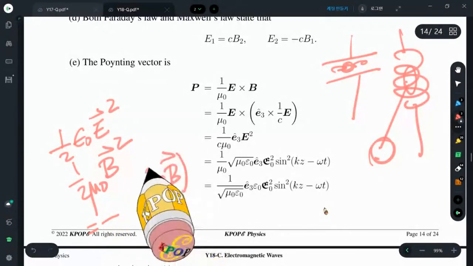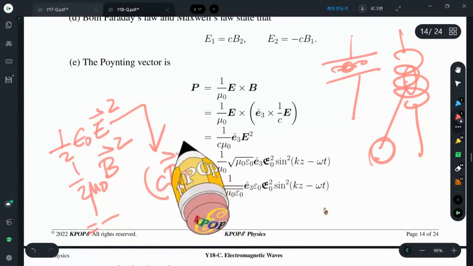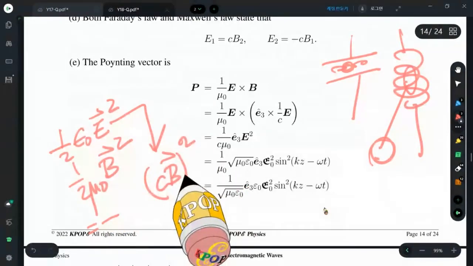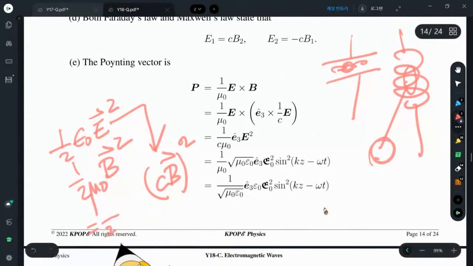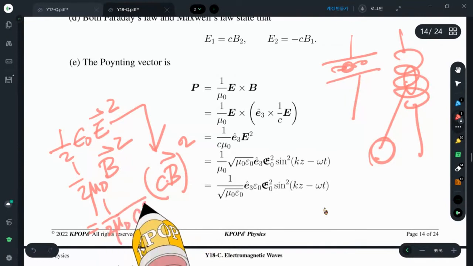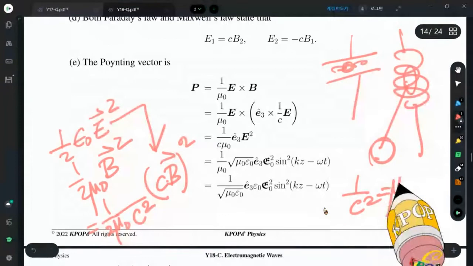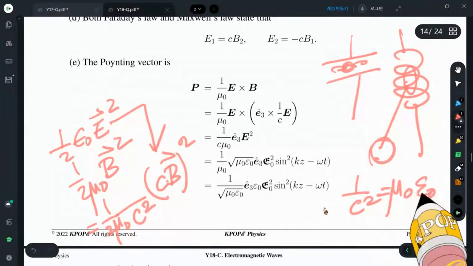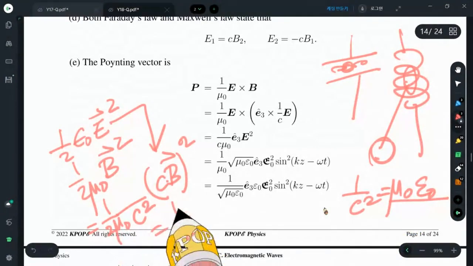Its correct expression should be of the same dimension as the electric field. If I write in this way, then we have 2 mu 0, and this c squared must be canceled. You know 1 over c squared equals mu 0 epsilon 0. That mu 0 epsilon 0 kills this one, and what's that?